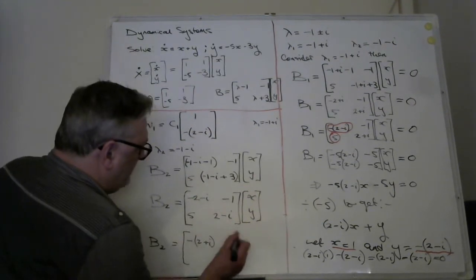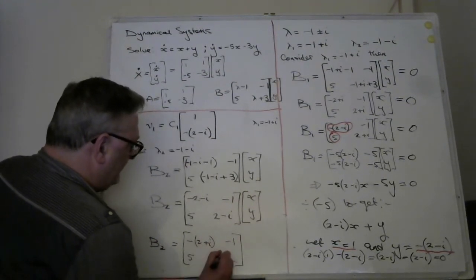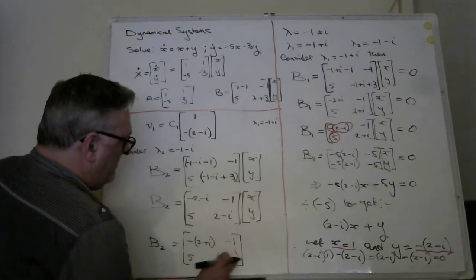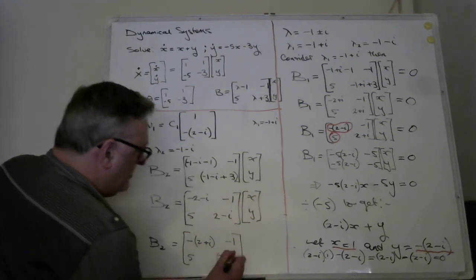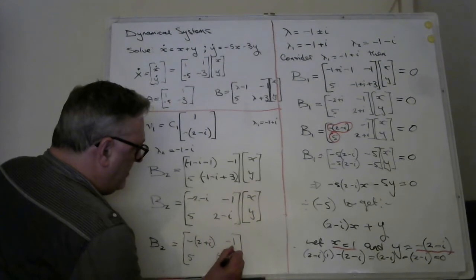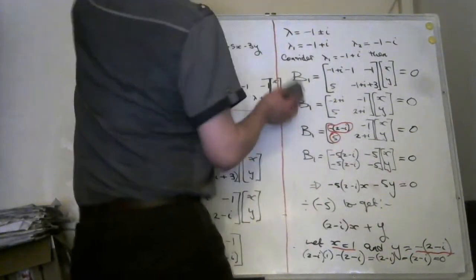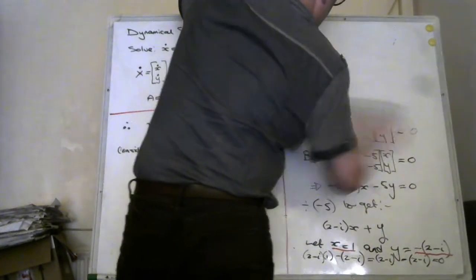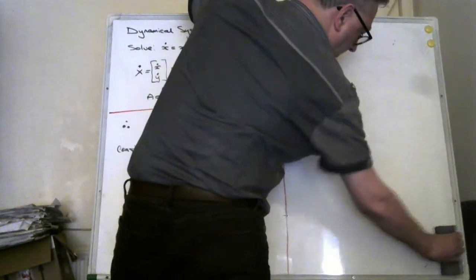That still stays as minus 1. 5, and that just stays as 2 minus i. There. Let's just write that in. 2 minus i. Okay. So, if we just clear the board.